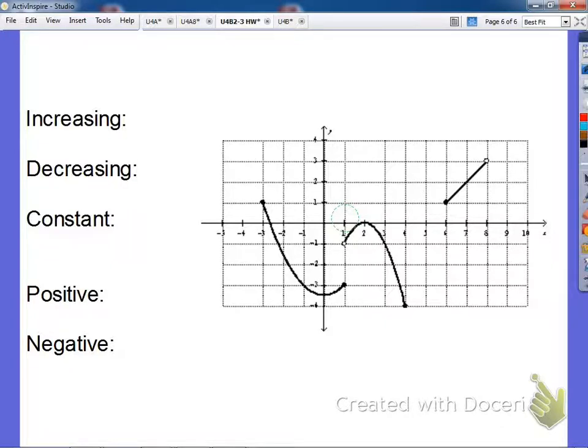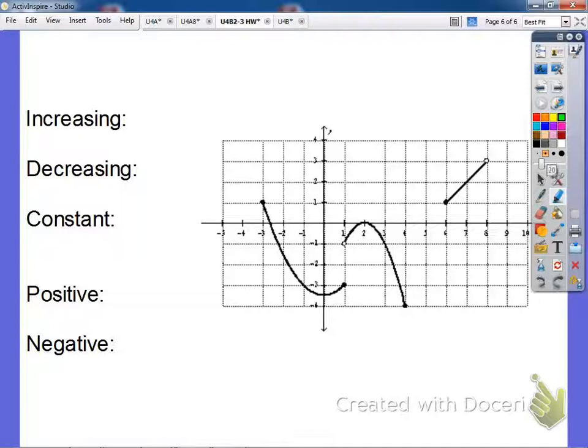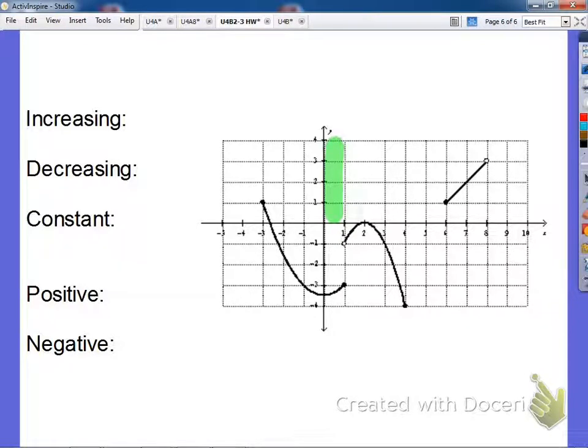I see it increasing here. I see it increasing actually here as well. And I see it increasing here.